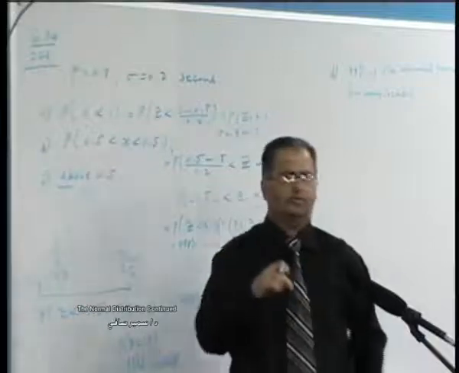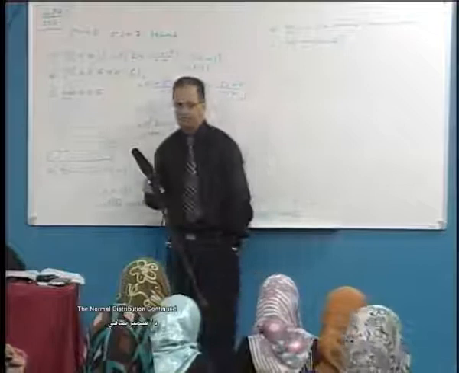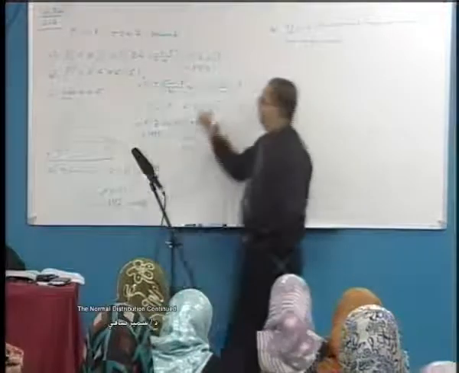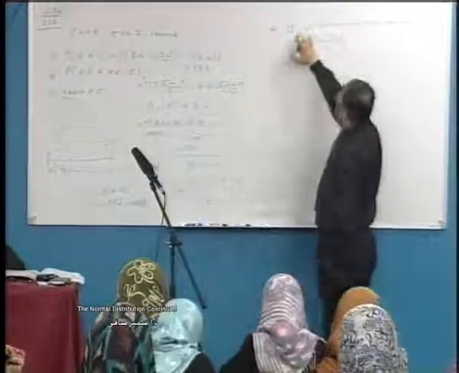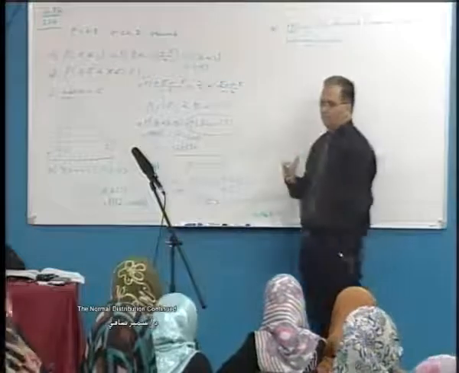Exactly. In this case, the probability is given, which is 99%. Now, if 99% of the download times are above how many seconds?